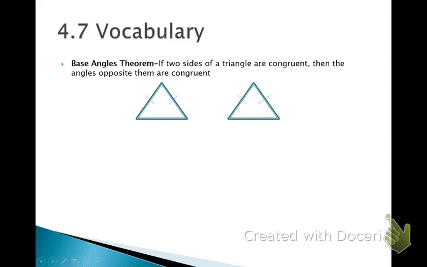Base angles theorem: if two sides of a triangle are congruent, then the angles opposite them are congruent. So I've got these two sides congruent. The angles opposite them, this angle and this angle, are going to be congruent.